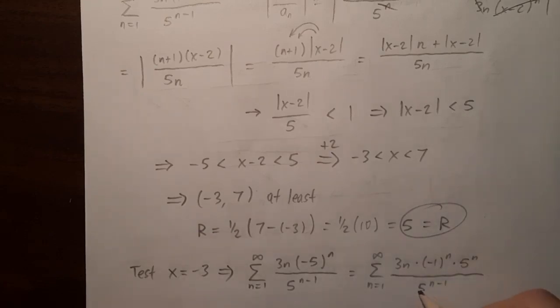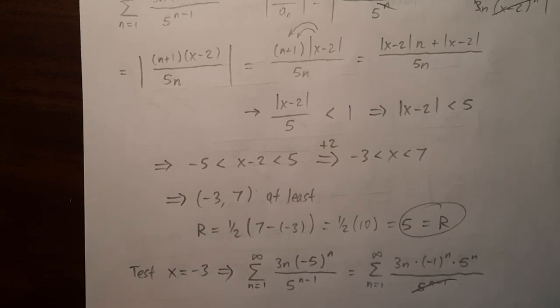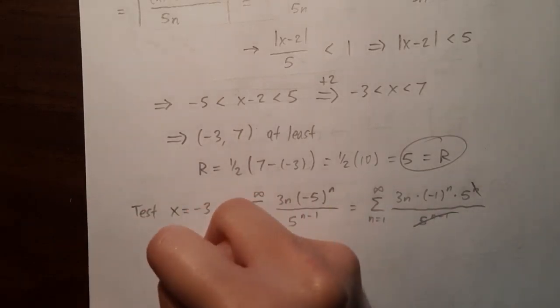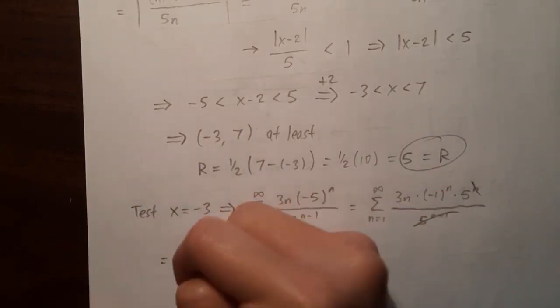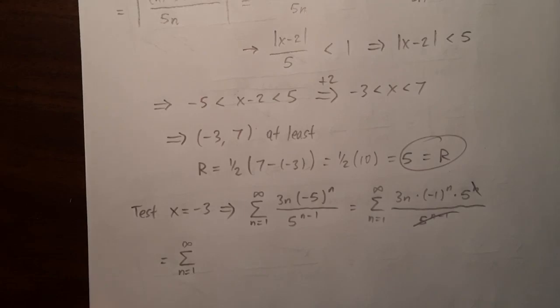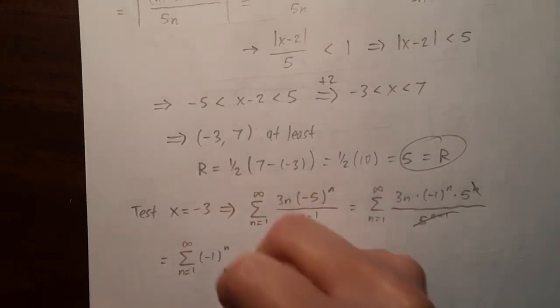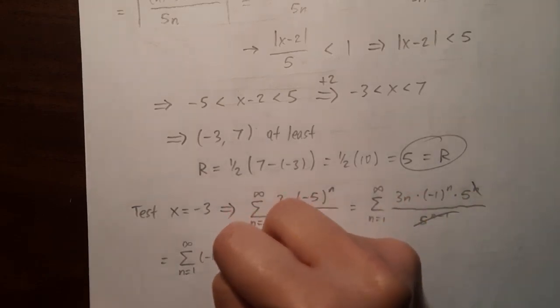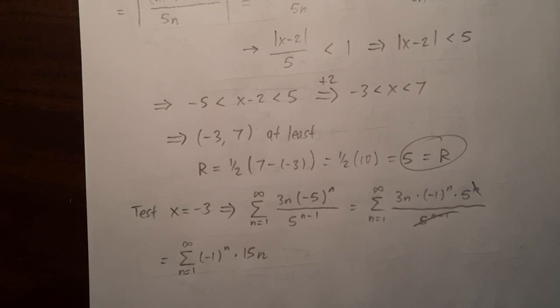Similar to before, 5 to the n minus 1 cancels with all but one copy of the 5 upstairs. So I'm left with this series: the minus 1 to the n is just going to be there, so I'll put it at the beginning, and then I have 3 times 5, so I have 15n.